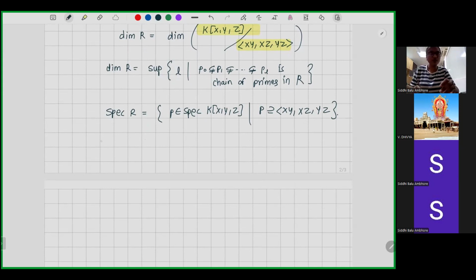Okay, so let us take P in Spec k[x, y, z] such that P contains xy, xz, yz.